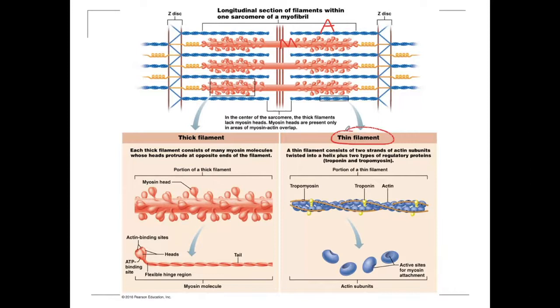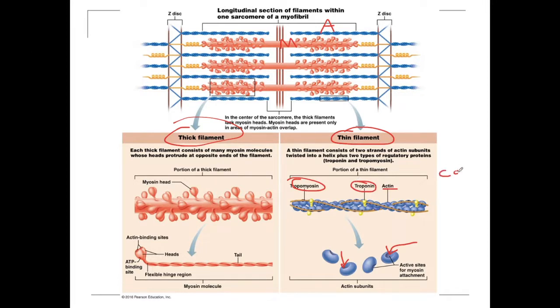So the thin one is actin, and the thick one is myosin on the left. And you could see in this particular case, all those spheres have these binding sites. Those holes are the binding sites, but you can see the holes are covered by tropomyosin. And tropomyosin is held in place by the staple called troponin.